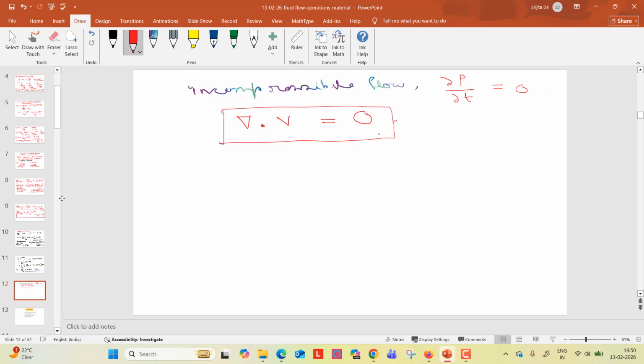Next comes the conservation of linear momentum.